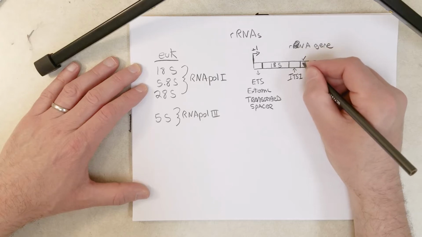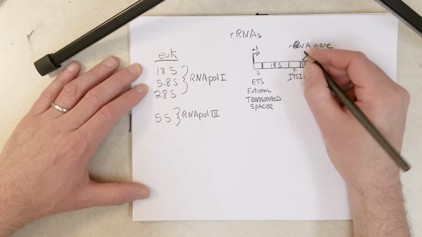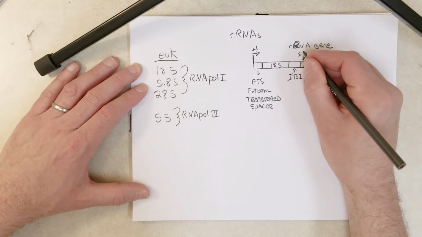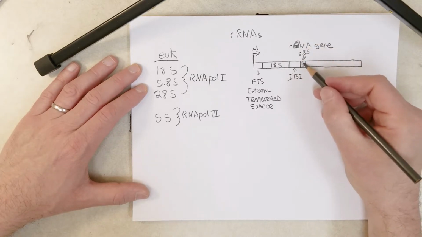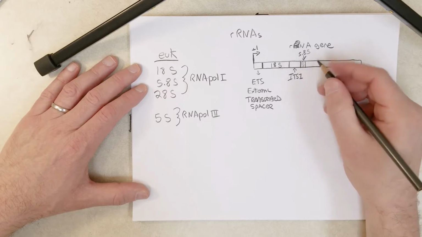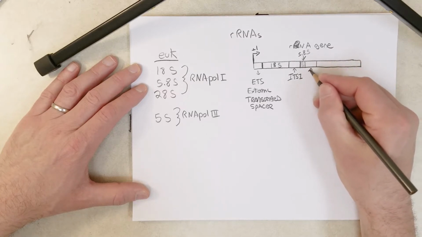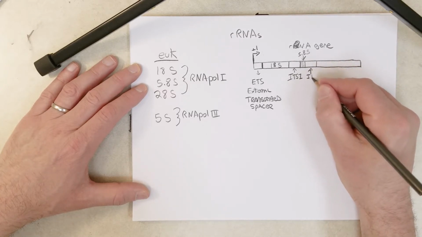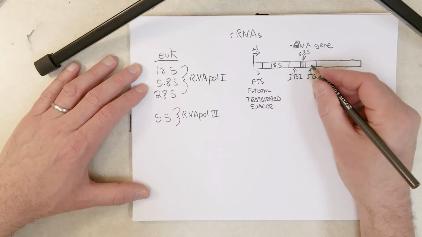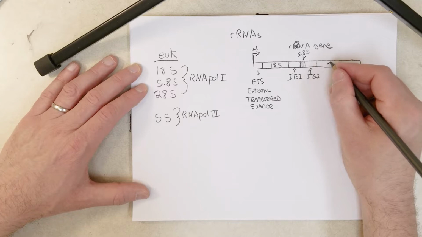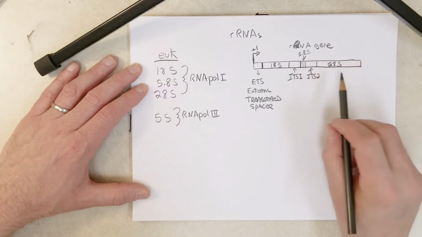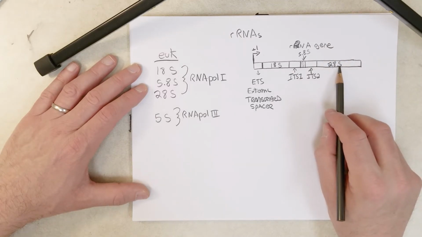This piece right here, I'll color it in, is the 5.8S ribosomal RNA encoding sequence. We have ITS2, which is right here. And then this big piece at the end will be the coding region for the 28S ribosomal RNA.